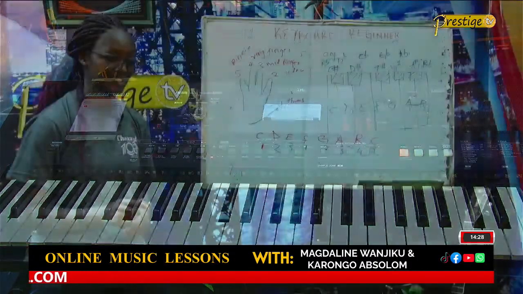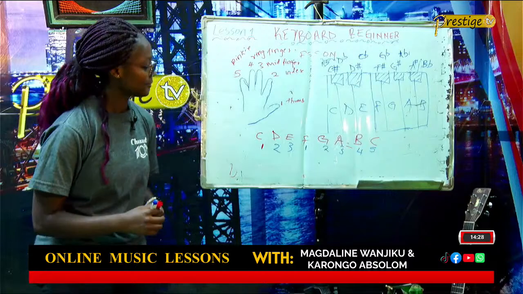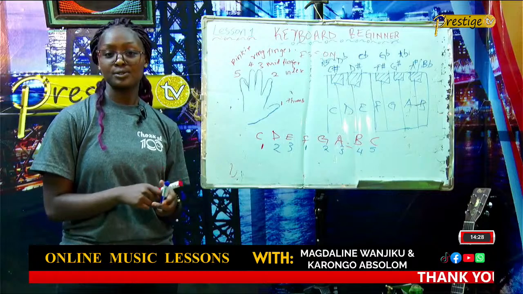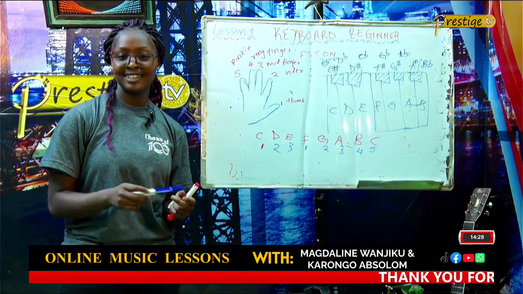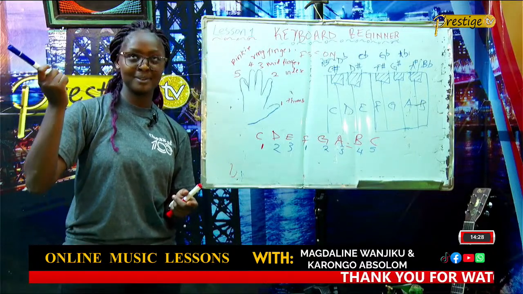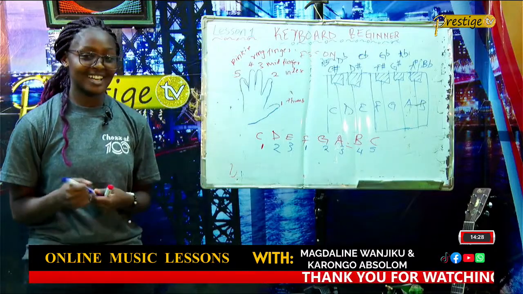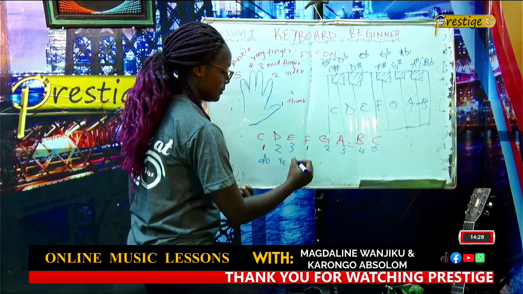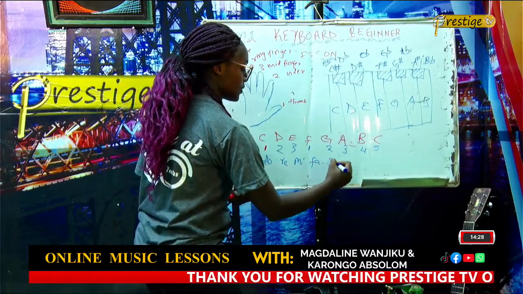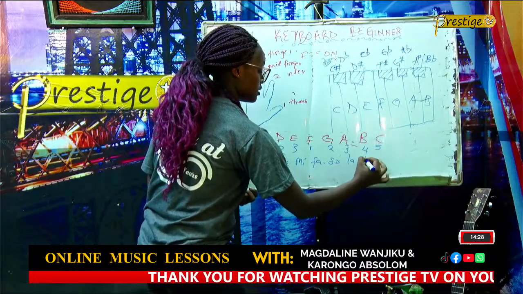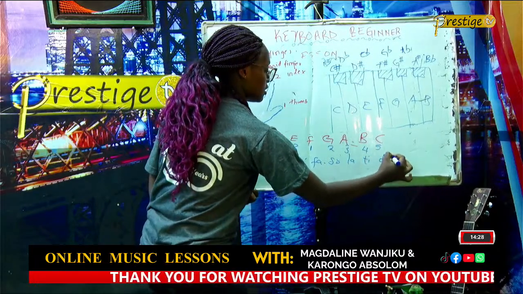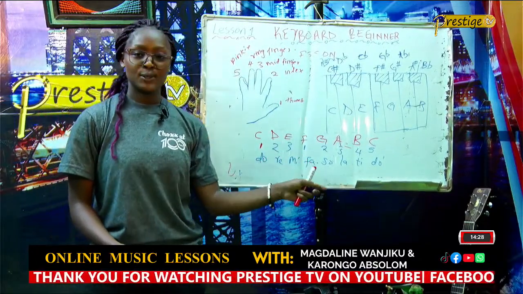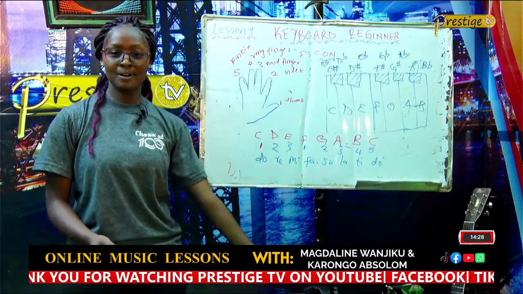Yes, so that's how you play back and forth for any key. When you're singing them, you don't have to sing them as C, D, E, F, G, A, B, C. You just say, as you have heard, Do, Re, Mi, Fa, Sol, La, Ti, Do.